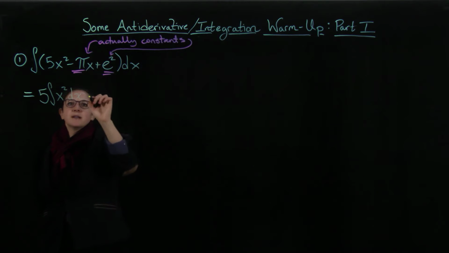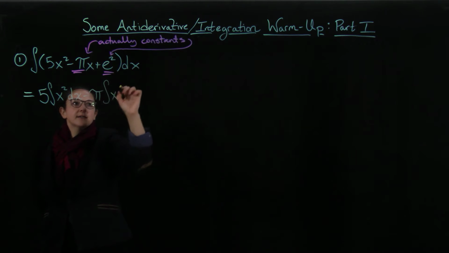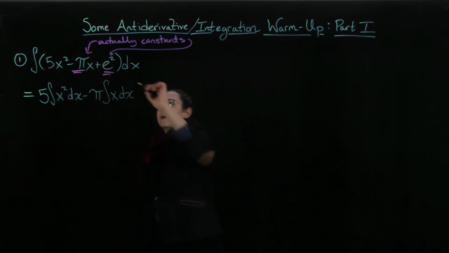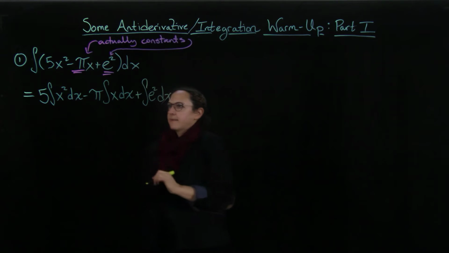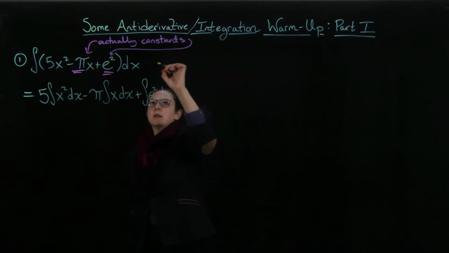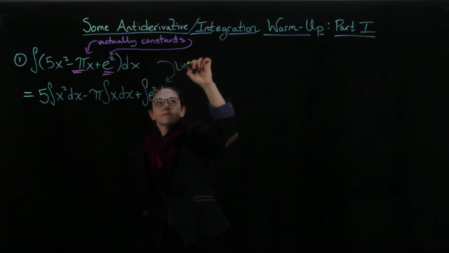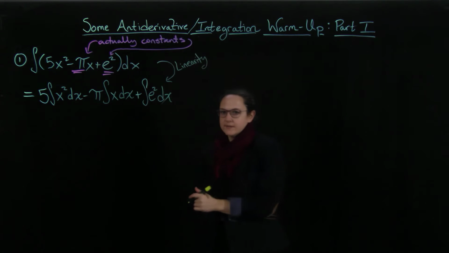I can pull out the minus pi times the integral of x dx. And then last, that one can just go on its own in there, so plus the integral of e squared dx. Okay, so to go here, I just used linearity. That was all I used there.